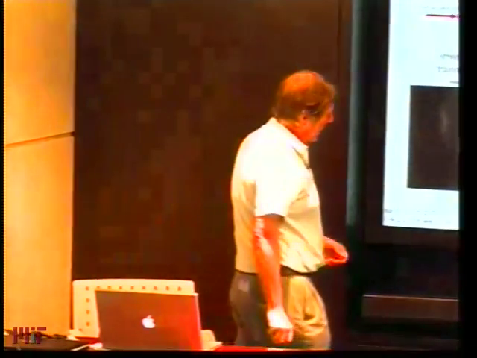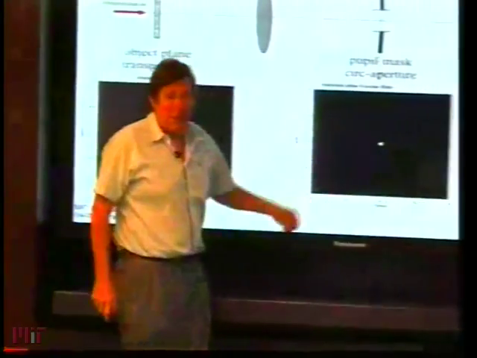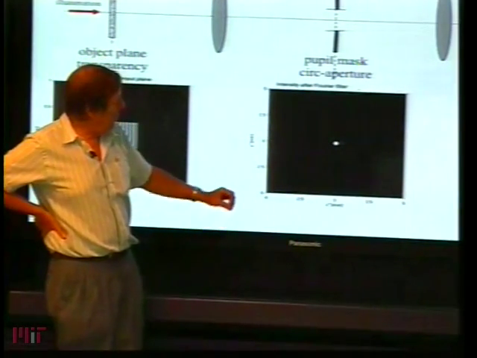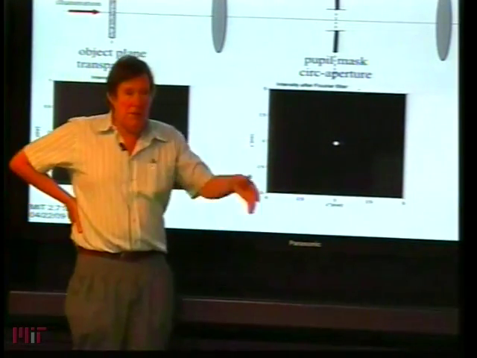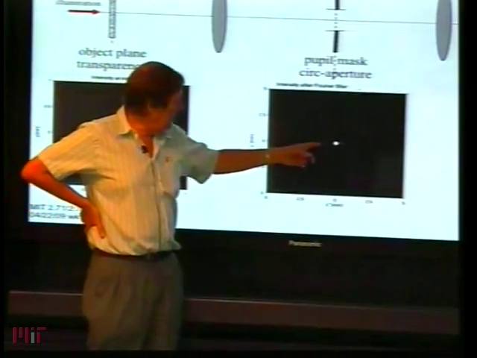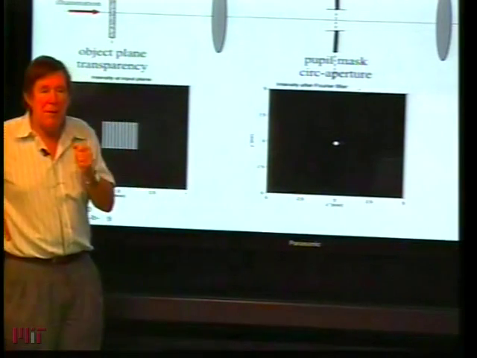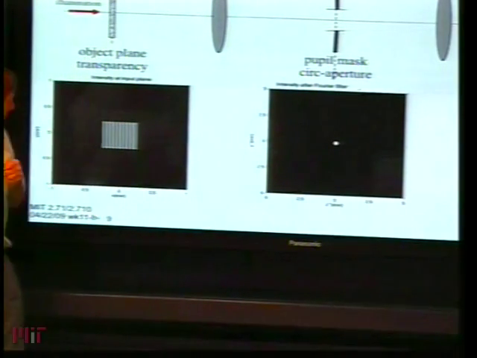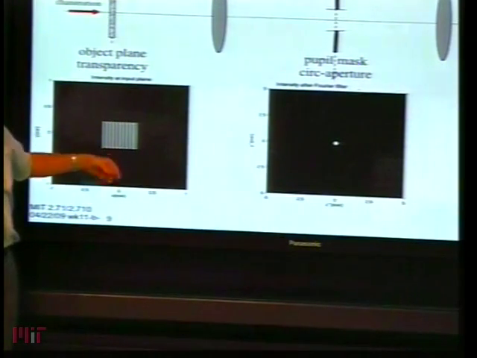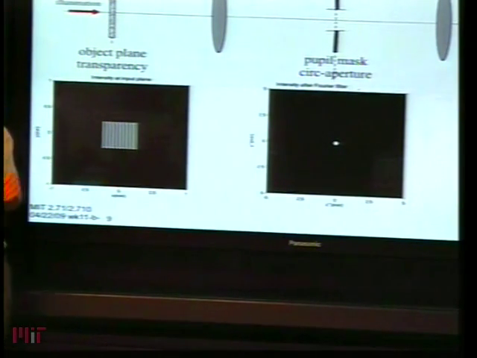Well, the first one, let's put in something like this. So now this is going to let through, this is a low-pass filter, isn't it? Right, so it's a very small low-pass filter as well. So it only lets through the very slowly varying parts of that object, but it stops all the fast variations of the object. Right, so if you look at the object, you'll see that it's got this stripy pattern, which is actually a very fine structure.